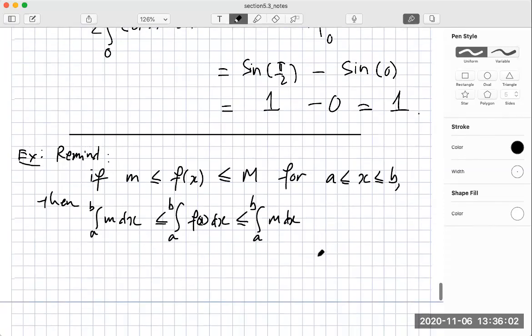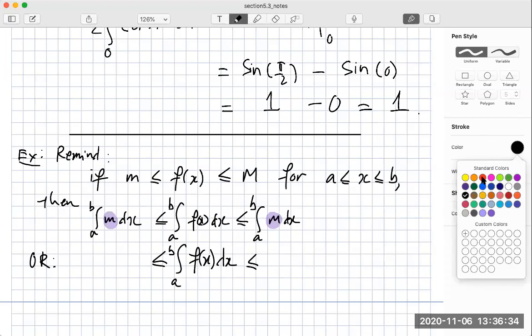Here small m and capital M are constants, right? So the integral from a to b of small m, what do we have on the left-hand side of the inequality here?